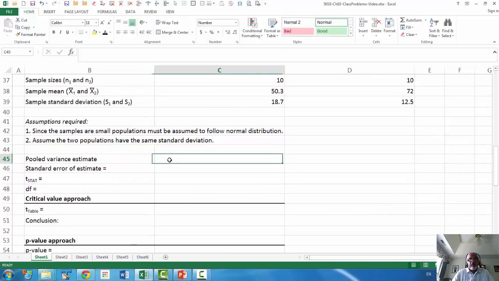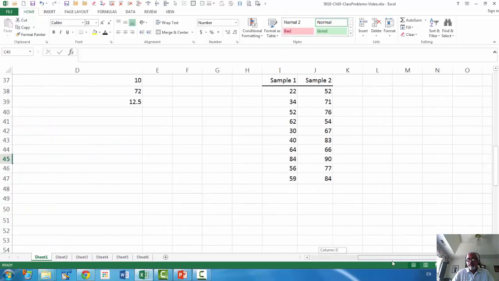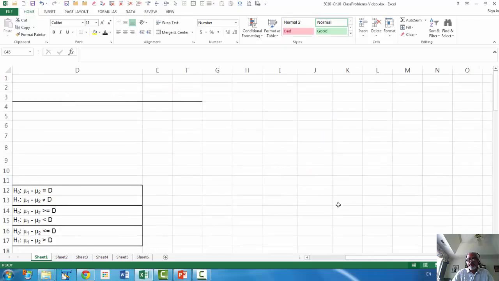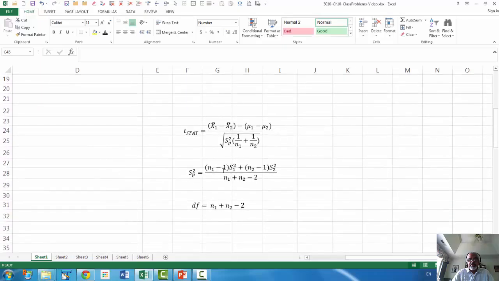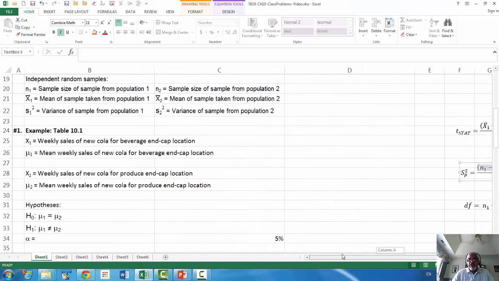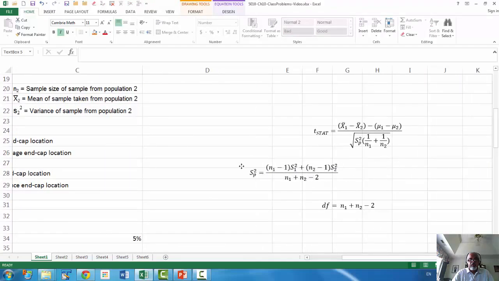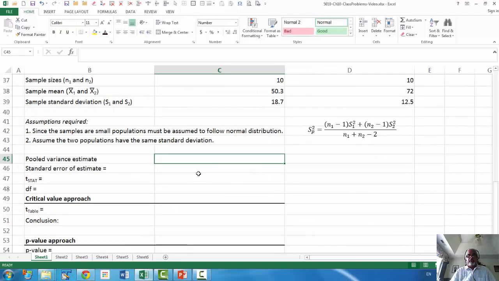So now we're going to compute the pooled variance estimate, and the formula for the pooled variance estimate is right here. So we're going to use that formula. Let's move this formula closer so we can follow along. Okay.